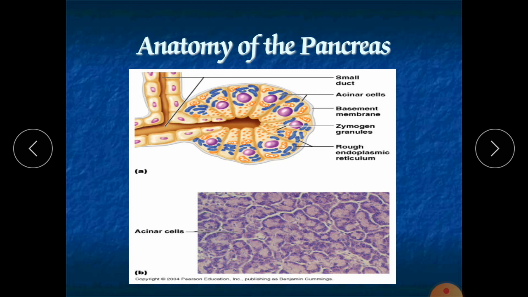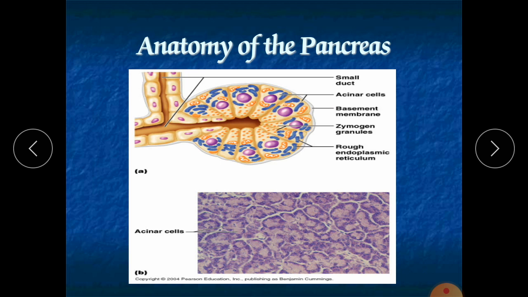Now we will discuss the histology and anatomy of the pancreas. As we already know, this pancreas is the organ which contains endocrine as well as exocrine glands. The endocrine cells are called islet cells, whereas the exocrine cells, which are our point of interest in today's lecture, are called acinar cells. 99% of cells are acinar cells.